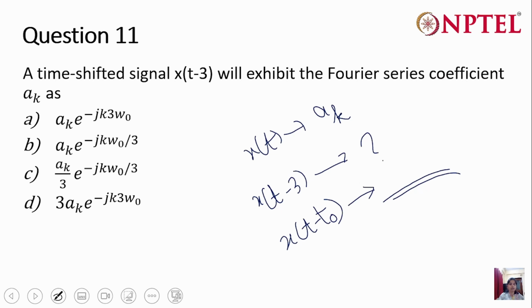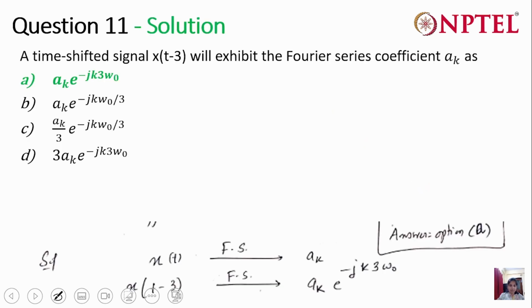It is similar to Fourier transforms. Option A. Yes, you're right. So the property for x of t minus t naught is ak e power minus jk omega naught t naught.